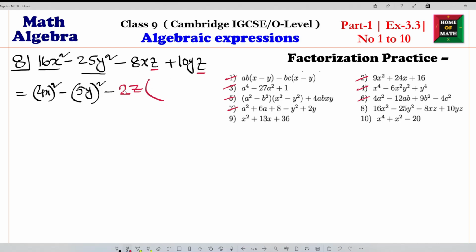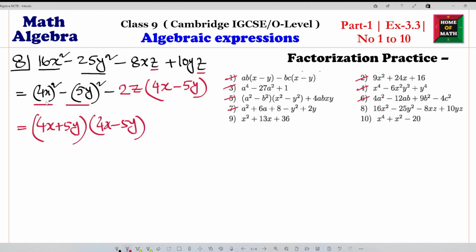So 8 divided by 2 is 4, minus z already taken, so 4x, and minus 5y. And this one we can write (4x + 5y)(4x − 5y), because it is a² − b², so (a + b)(a − b).